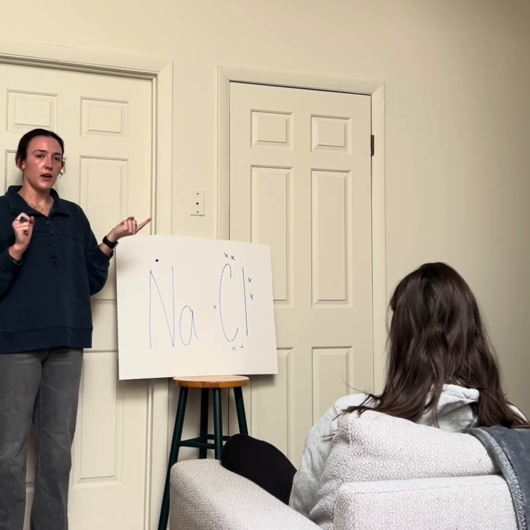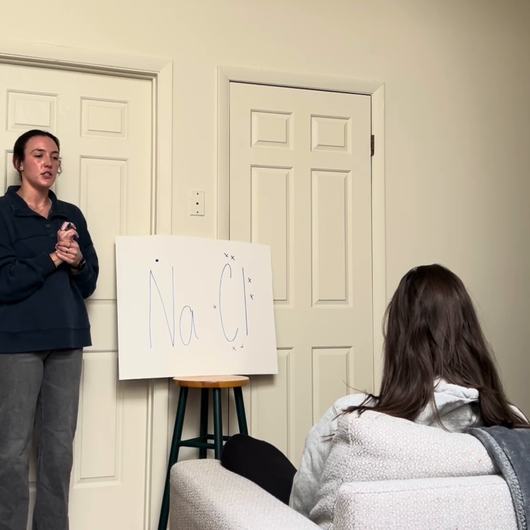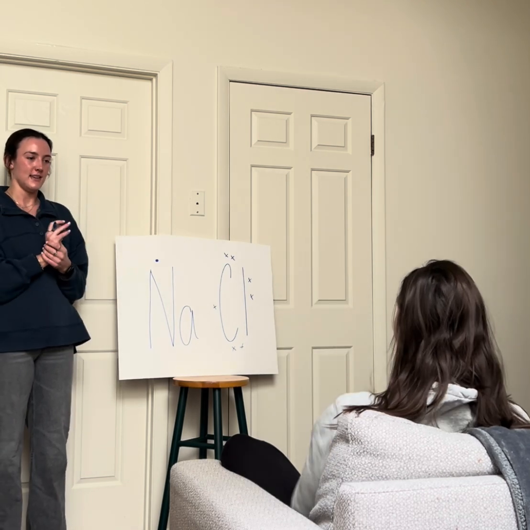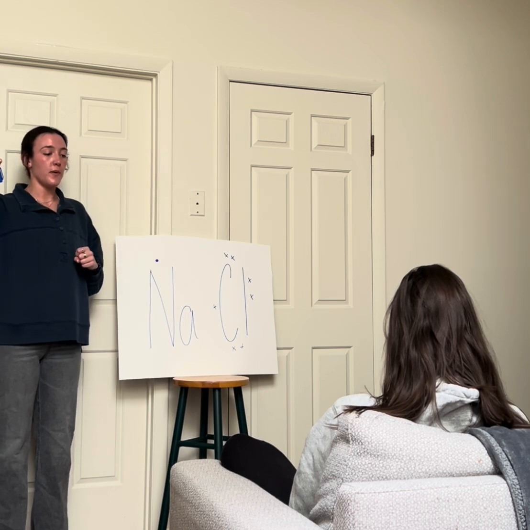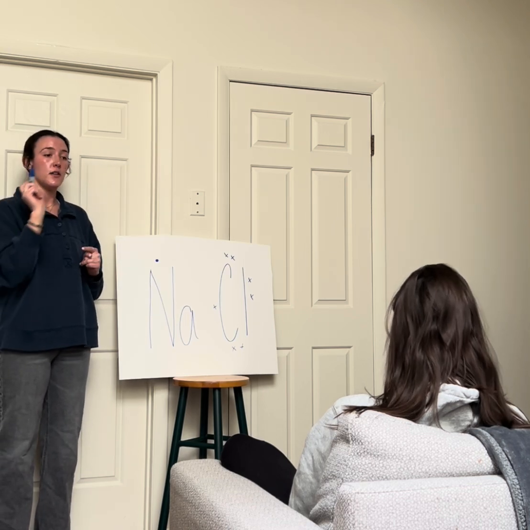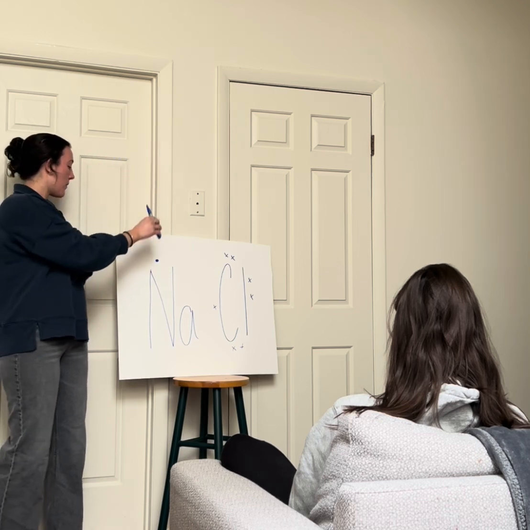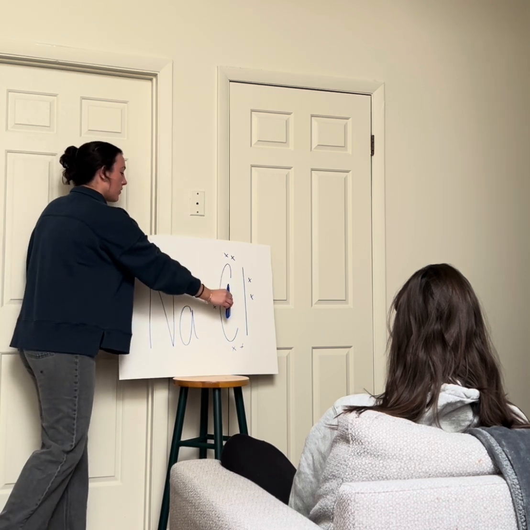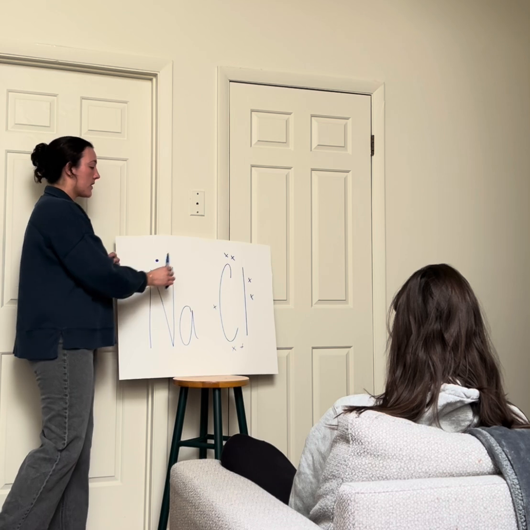So, based off of our periodic trends that we learned about earlier, can someone tell me how electronegativity changes as we move from left to right across the periodic table? Yes, Katie. It increases. Yes, so as we move from group 1 to group 18 across the periodic table, electronegativity increases, which means that as you go from our group 1 sodium to our group 17 chlorine, sodium is going to be less electronegative compared to chlorine.